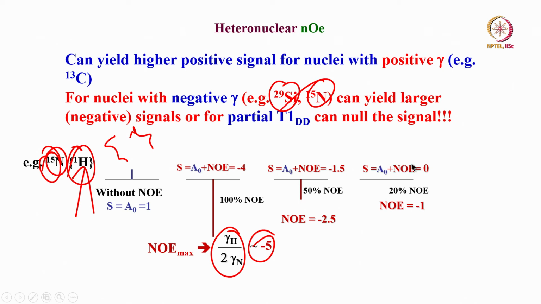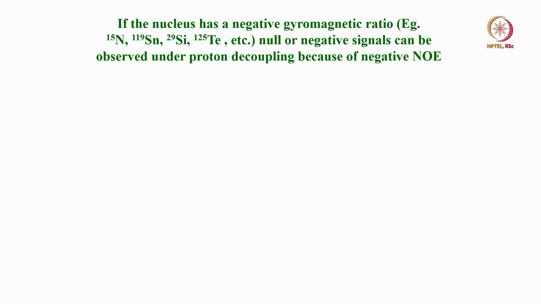In which case, if you take the total intensity of the signal, it turns out to be 0. So, for nuclei with negative magnetic moment or negative gamma, sometimes it so happens when you do NOE, instead of gaining the signal, you will get less signal, or sometimes even the signal intensity will go to 0 also. So, these are some of the tricky things which you should know.